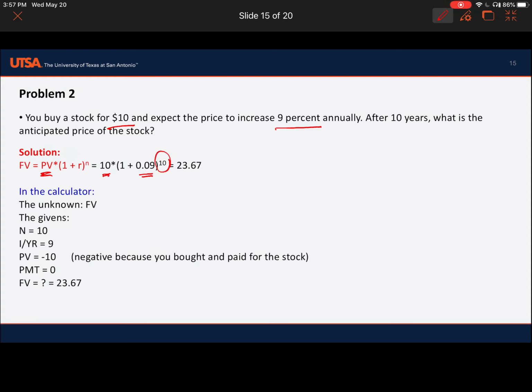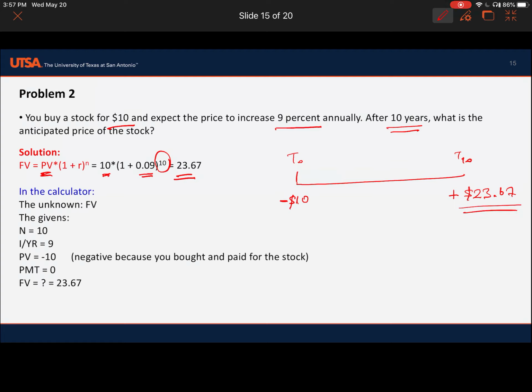So the value of the stock will be $23.67 in 10 years. Time 0, time 10, negative $10 today, and in 10 years plus $23.